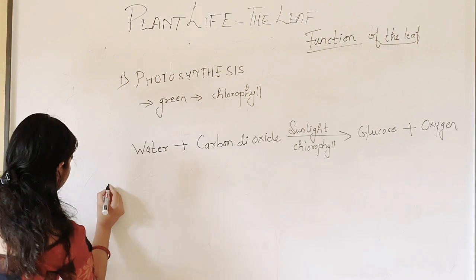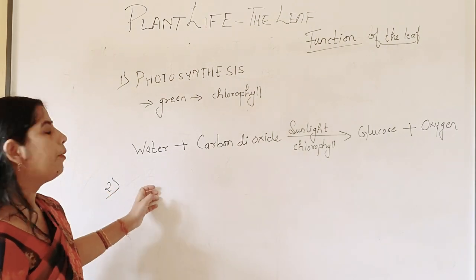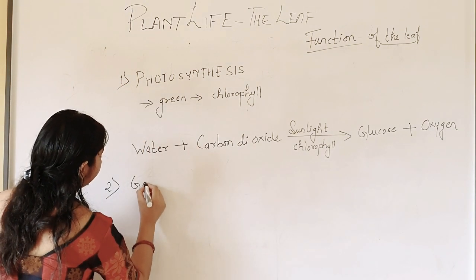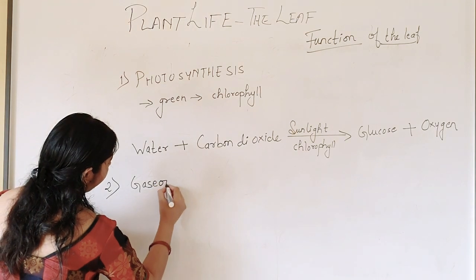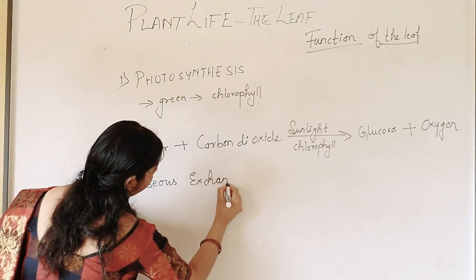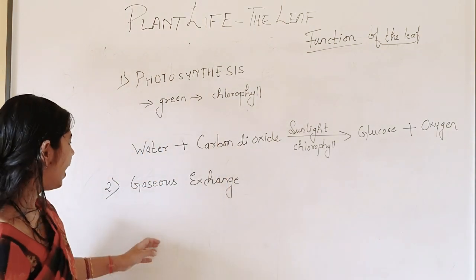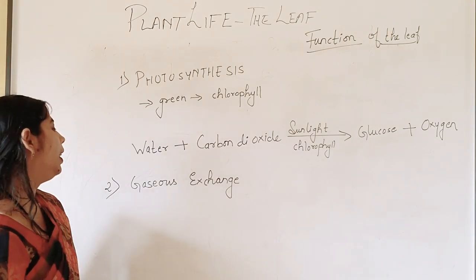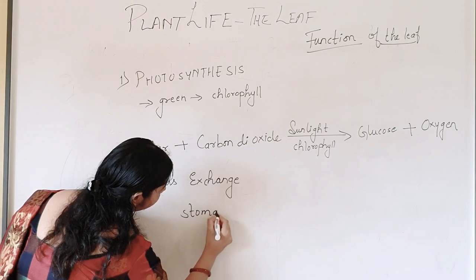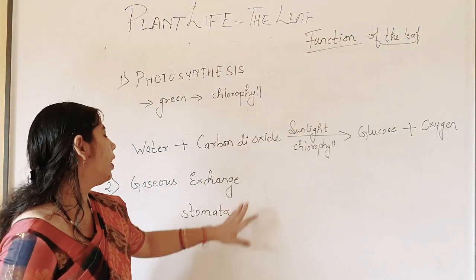Now the second function of the leaf. The second function of the leaf is that it helps in gaseous exchange. That means leaves have pores which are known as stomata, and through these pores what happens?